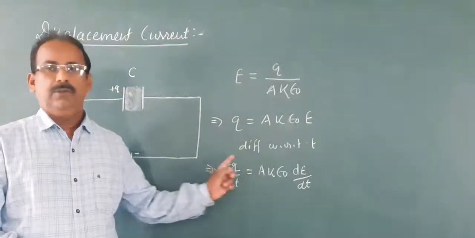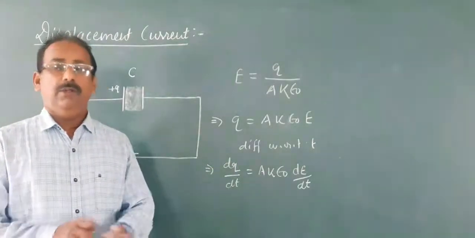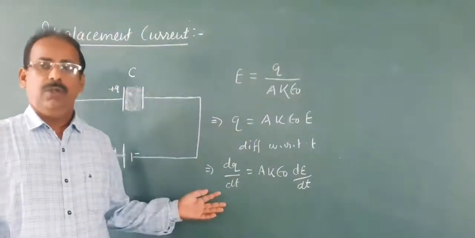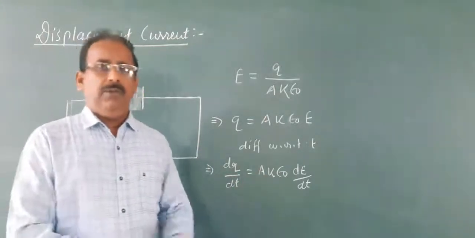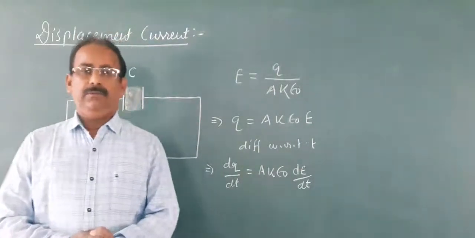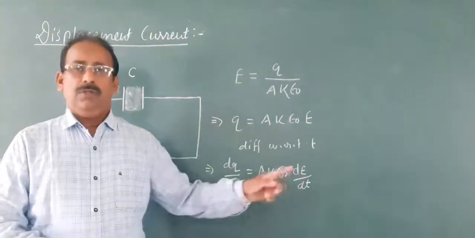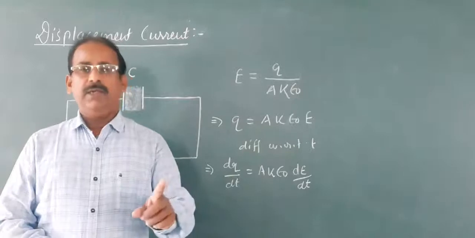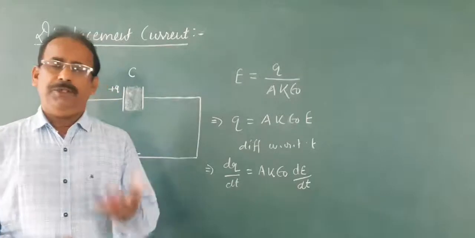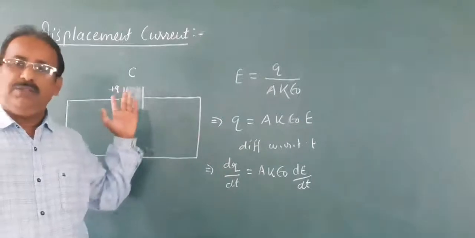Observe that this left hand side, which is dq by dt, represents current, rate of flow of charge. If this side represents current, then this right hand side must also represent current. This current shown by the right hand side is nothing but a displacement current, which is mainly due to rate of change of electric field that is taking place in this dielectric medium.